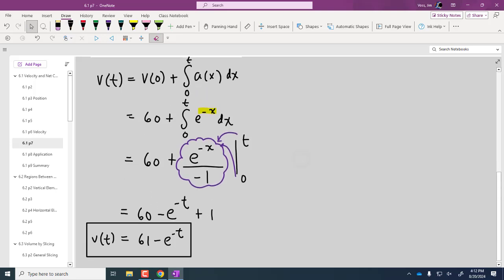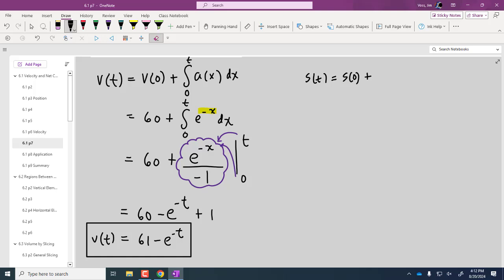So the velocity function will then lead us to the position function. The position in the future, S of t, that means future position, will be starting position plus any change in position. The change in position is the integral of the position's derivative. Right? S prime is the rate at which the position is changing. But S prime is velocity.